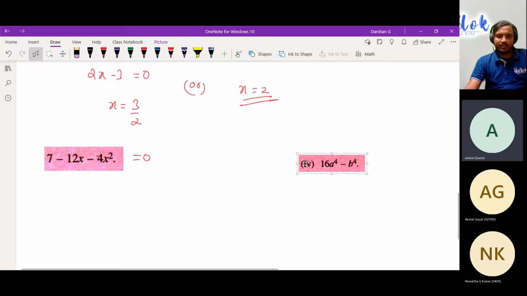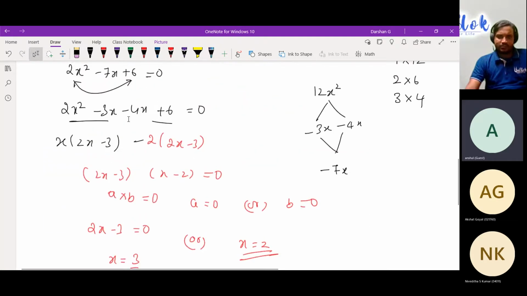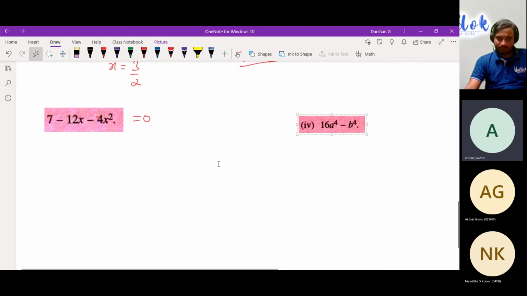How to verify? Once you find it, put one of the easiest values into this equation and see if you're getting 0. That's it.